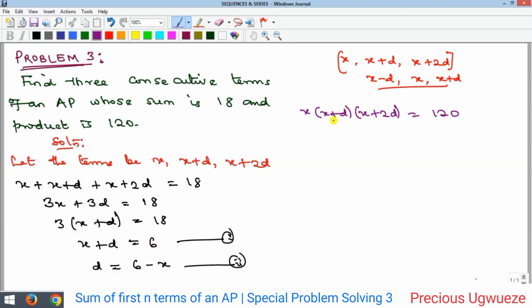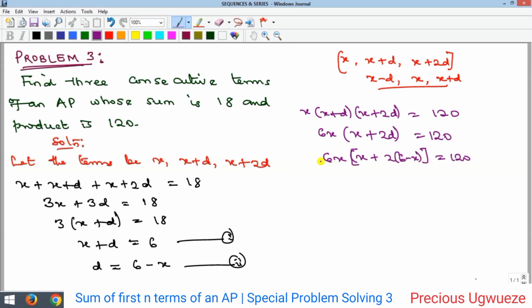If we replace x plus d with 6, we're going to have 6x into x plus 2d is equal to 120. But we also have from equation 2 that d is 6 minus x. So if we replace d here with 6 minus x, that's going to give us 6x into x plus 2 into 6 minus x, and this is equal to 120.